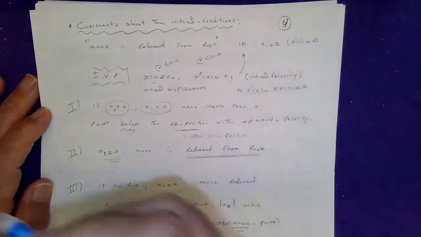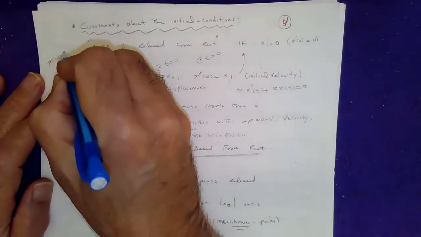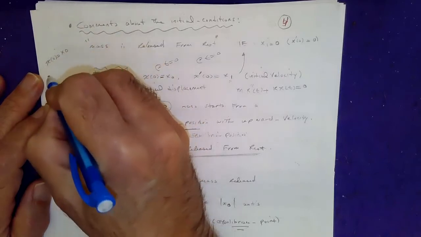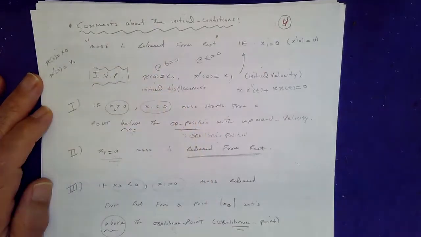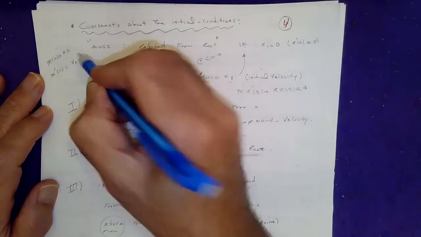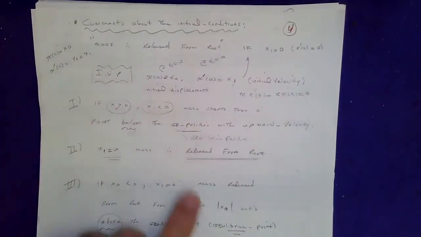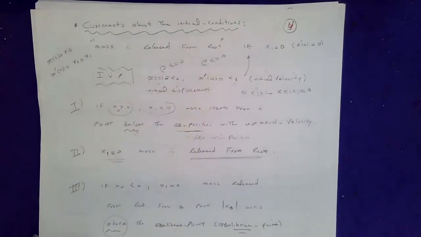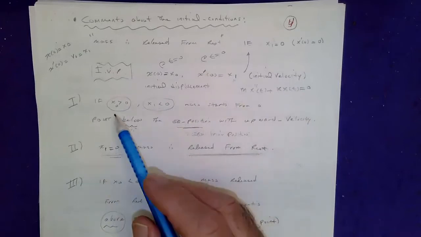Okay, remember we decided what? x of 0 is equal to x0 and x prime of 0 is equal to v sub 0. And in this case, we like this one to be denoted by x1 and this one denoted by x0. So that's at time 0: initial velocity and initial displacement.